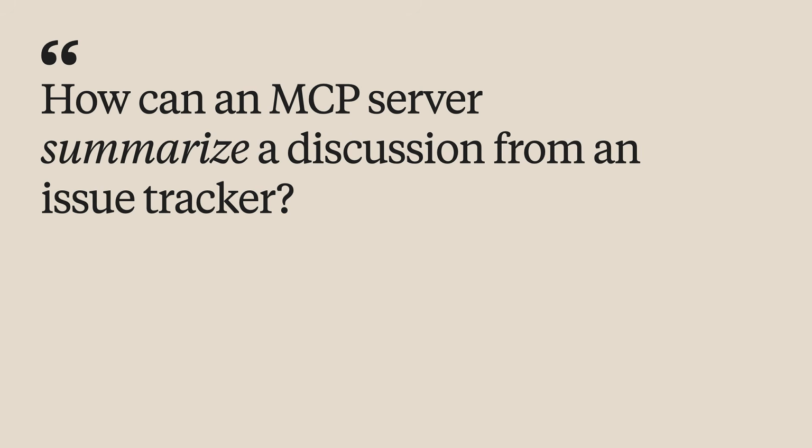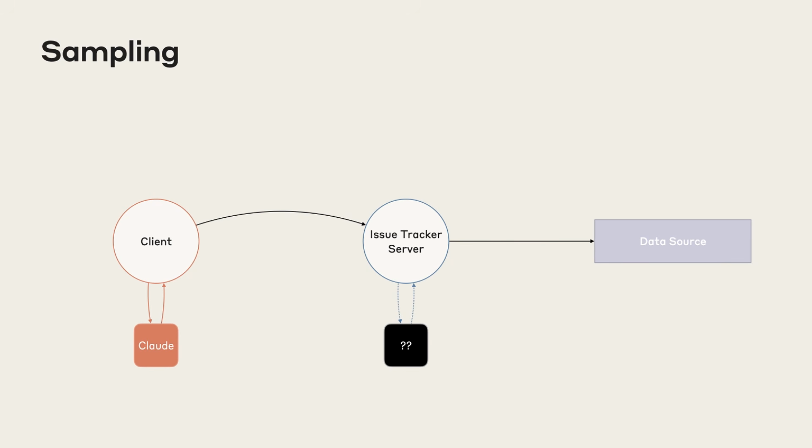To make this a bit more understandable, here's an example that showcases this problem. How can you build an MCP server, for example, that summarizes a discussion from an issue tracker? On one hand, I can build an MCP server that exposes this kind of data, very simple, and that's quite clear. But how do I do the summarization step? For the summarization step, I obviously need a model.